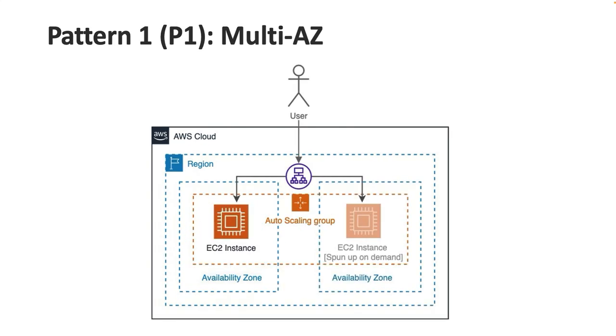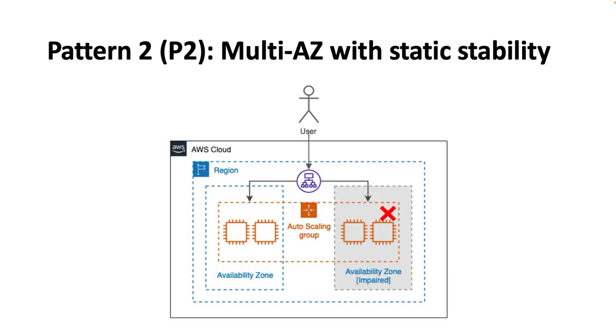It's different from the first pattern where we saw bimodal behavior in terms of an EC2 instance taking time to spin up in case it needs to be provisioned. Here you can already see two pre-provisioned EC2 instances. And this is exactly what a statically stable system means.